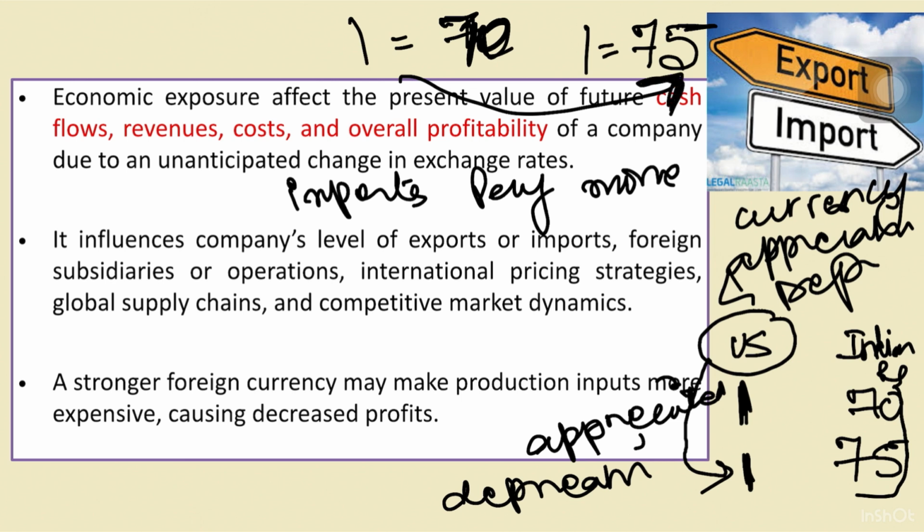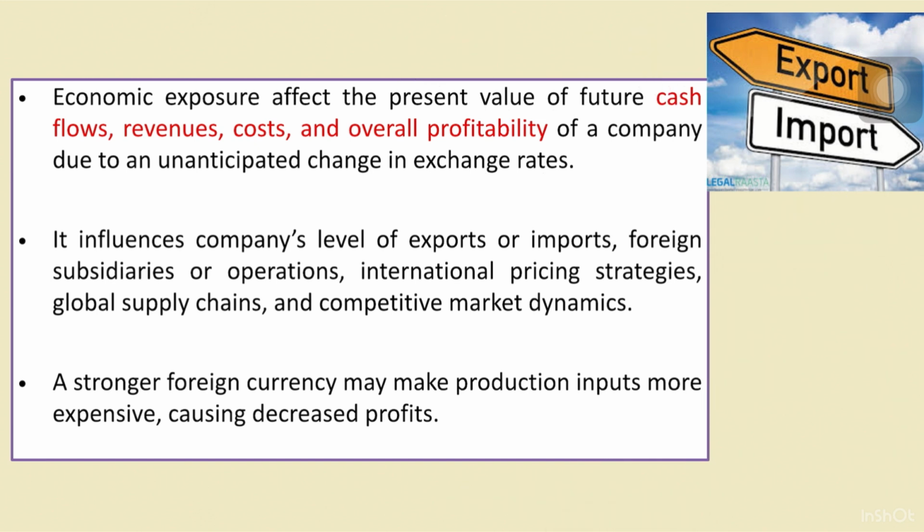So this is currency depreciation, and the opposite of this is currency appreciation. Taking the same example, we have 1 US dollar. Earlier the US dollar was equal to, say, 70 rupees, and now the same has become 65.